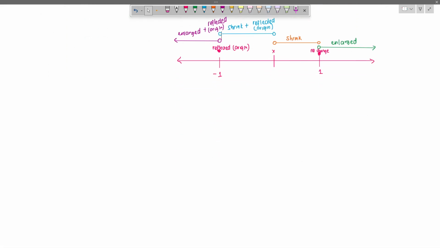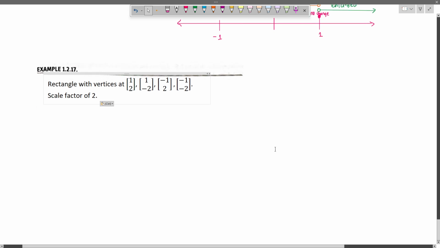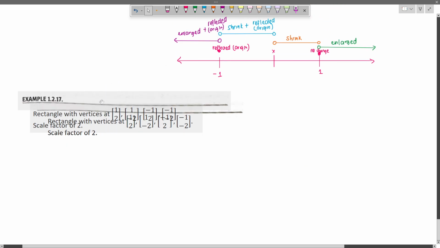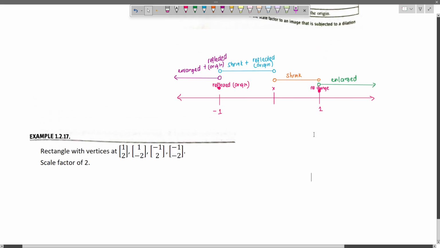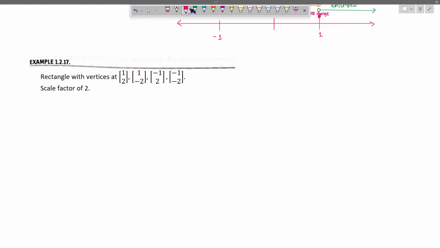So now let's have some examples. For example, we have a rectangle with these vertices, and then we have to multiply it by a scale factor of 2. So that means with a scale factor of 2, we are enlarging the rectangle.